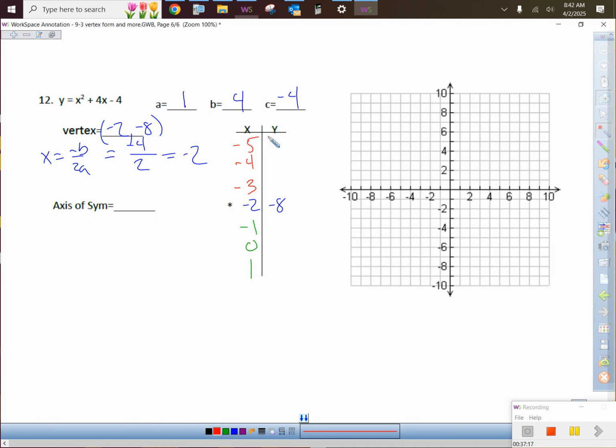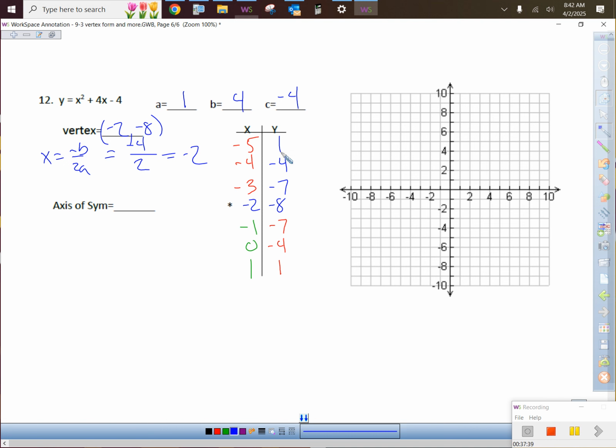It's kind of weird. I would do the green numbers because they have some positives in there and some zeros in there, right? So use any zeros if you got them. So I got a -7, I got a -4, and I got a 1, and then they should be symmetrical.